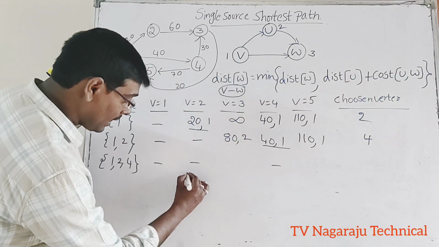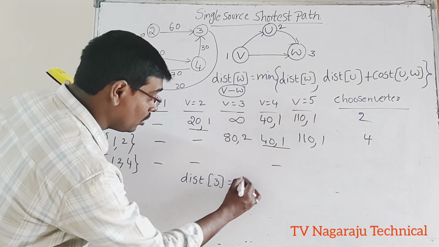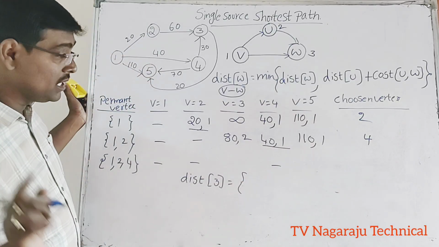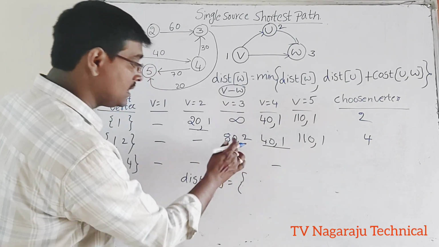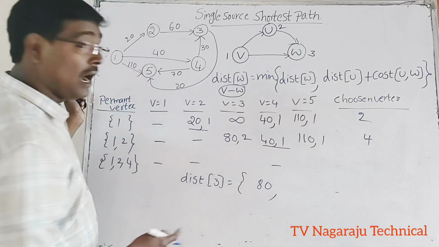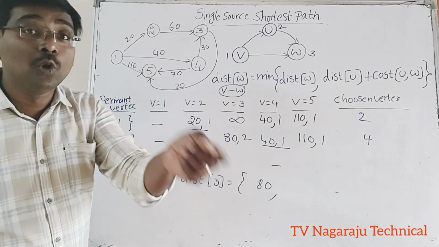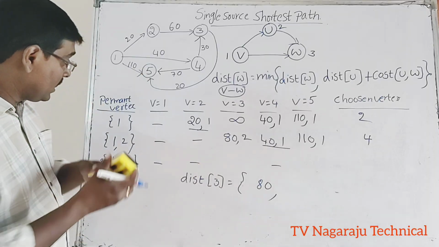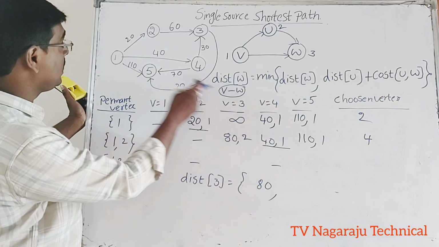Now 3. Again I will write down distance of 3 is equal to, what is the distance up to now? My distance is 80, from vertex 2. Now you can calculate 4 to 3 also.